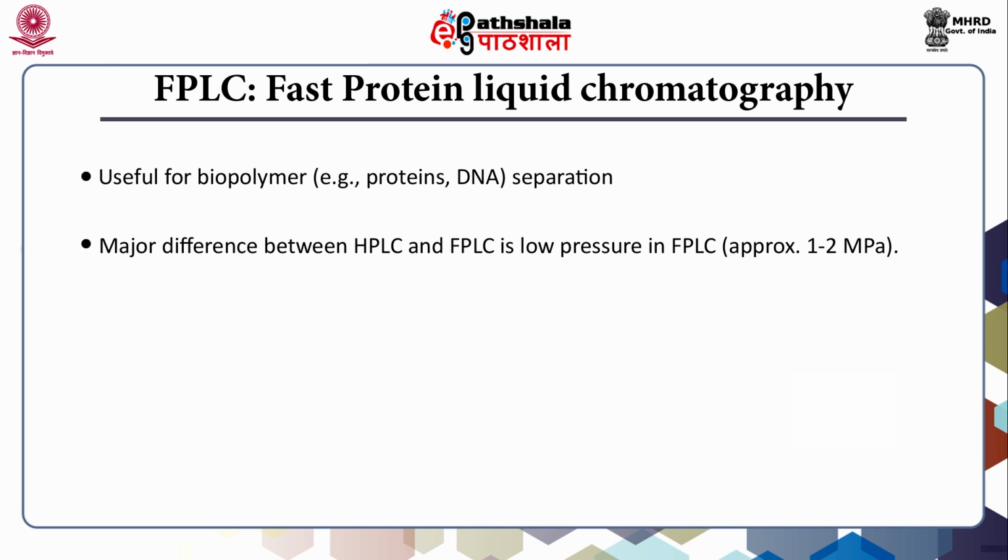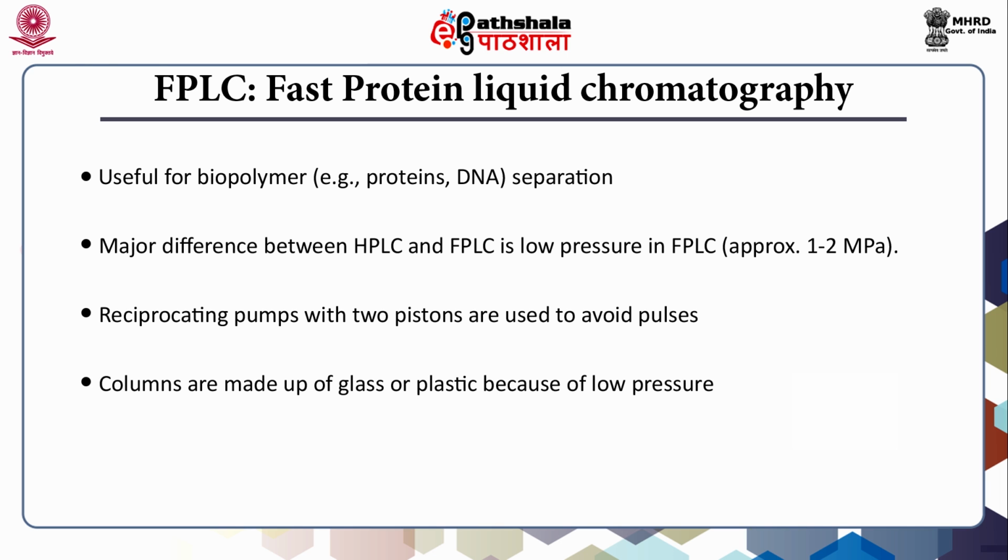The major difference between HPLC and FPLC is lower pressure in the case of FPLC. In FPLC we can also use reciprocating pumps, but they should have 2 pistons, which can be used to avoid the pulses.